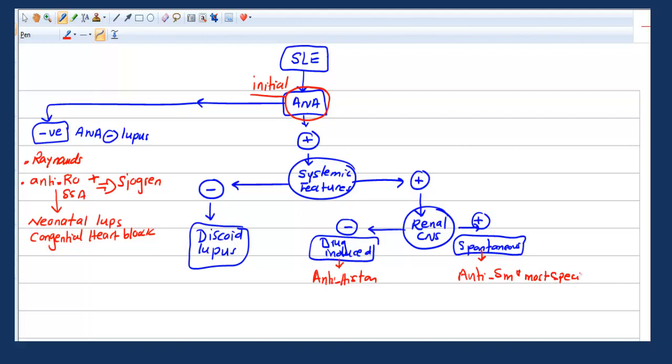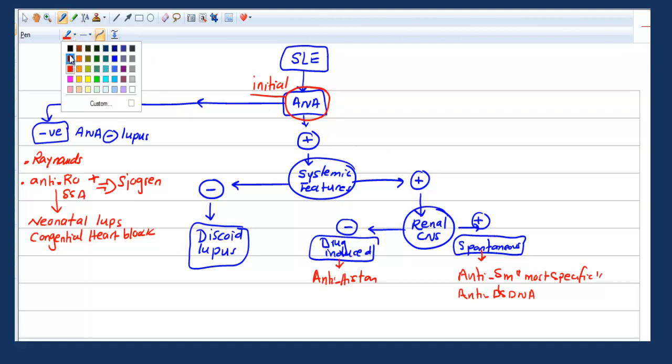The second one, which is also specific, is anti-double-stranded DNA. Why do I put anti-Smith first? Because, guys, there is no other disease with positive anti-Smith except SLE, so it's really specific.